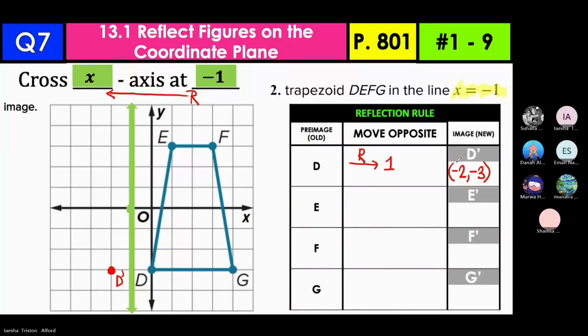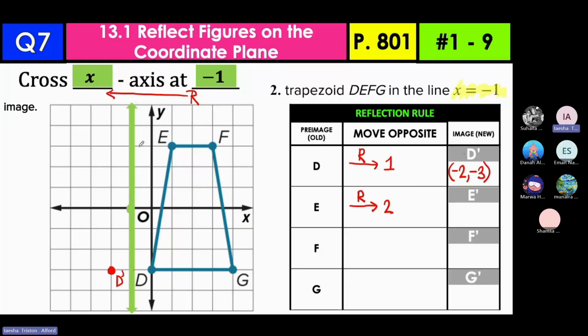Yeah? Next one, we need to check for the E. So where is the E? The E is going to the right. How many units? 2 units. To get E prime, it's 3 or 2? 2.